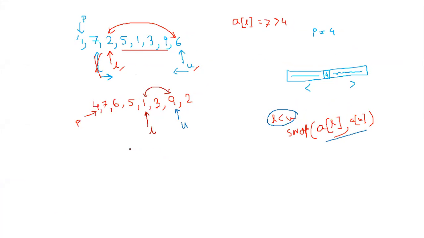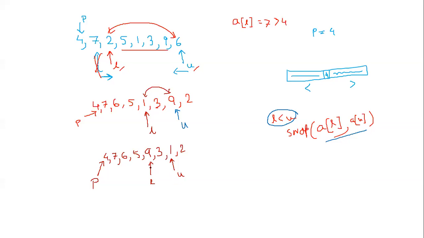So that means the new distribution will be 4, 7, 6, 5, then 9, then 3, then 1, then 2, like this, right? And this is my pivot. And this is where your L is pointing, and this is where your U is pointing, right?